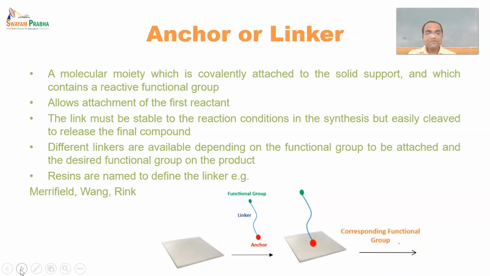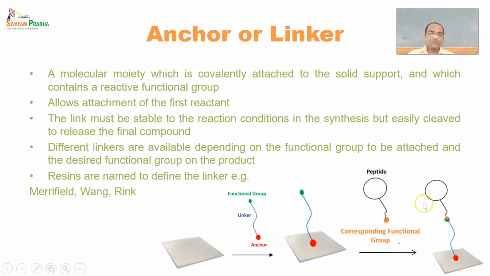Corresponding functional group means the functional group here which is green in color, and this corresponding functional group which is orange in color. They should be suitable to form a bond in between, and this is how the peptide gets attached to this functional group.